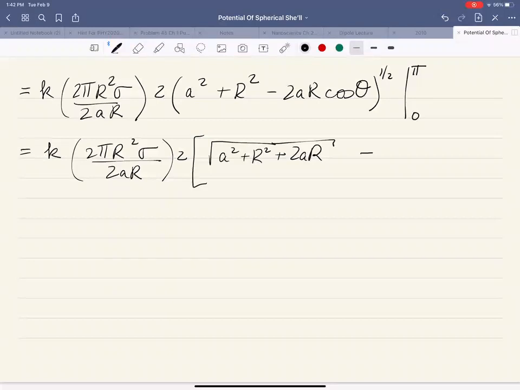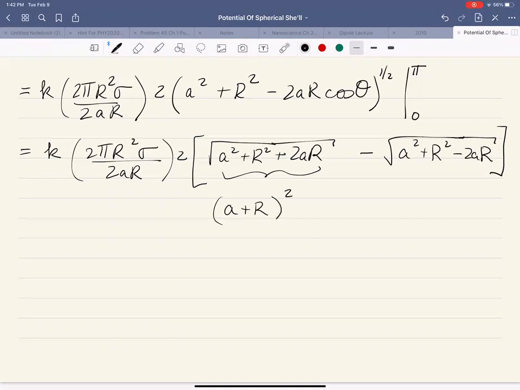And so that means that in the second one, I have a squared plus R squared minus 2aR there. Okay, now if you look at this term within this square root sign, then that's just a plus R squared, right? And then within the second square root sign, that's a minus R squared, okay? So if I'm going to do the square root of that, then I would end up with, respectively, a plus R, and then for the second one, the absolute value of a minus R, okay?